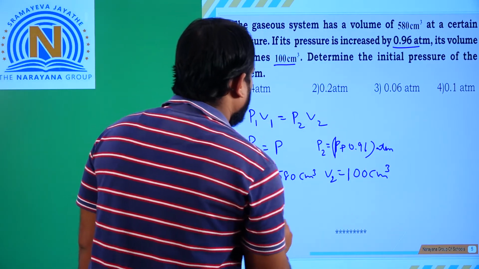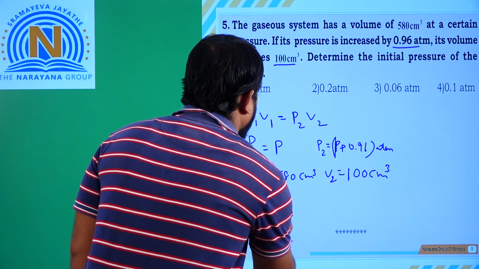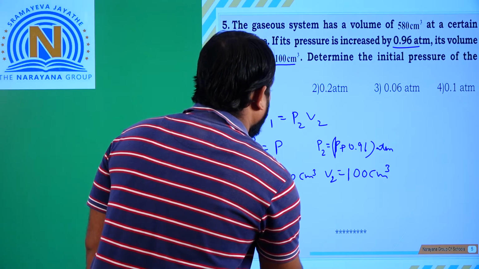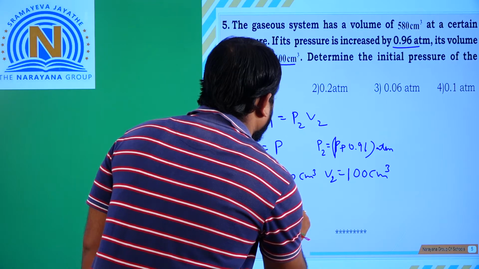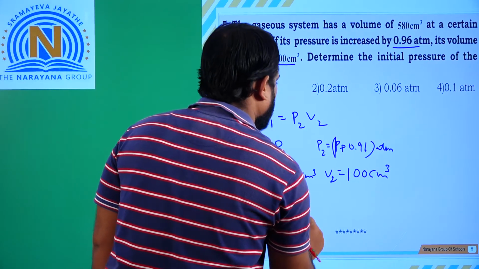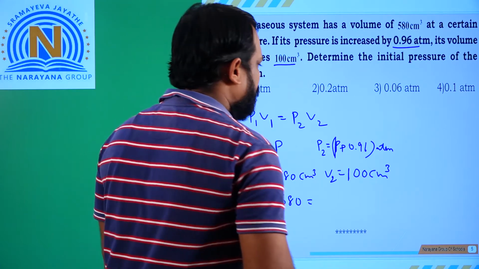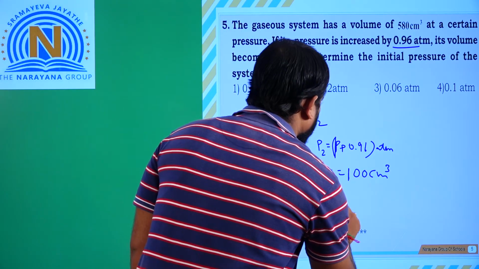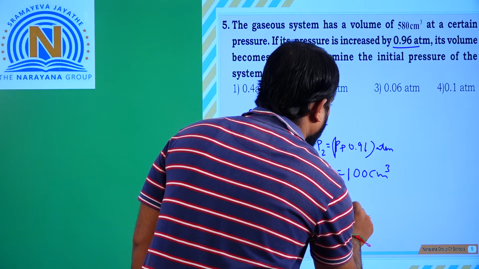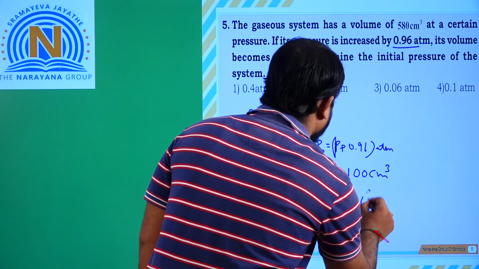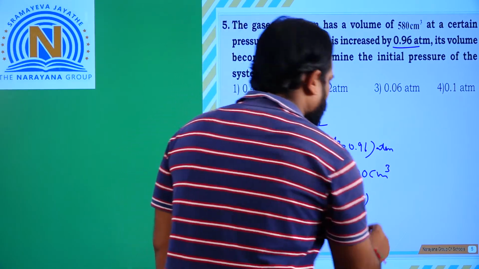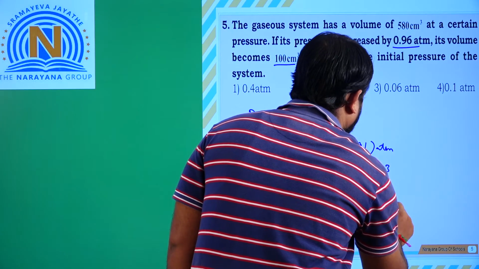P1 is P and V1 is 580, which is equal to P2, that is P plus 0.96, and V2 given is 100.